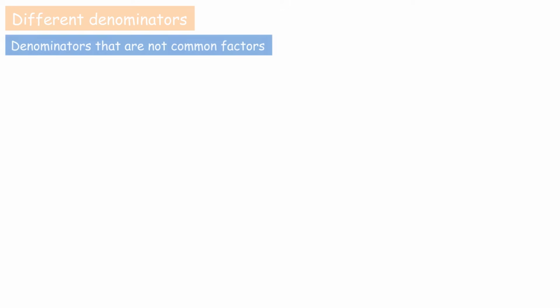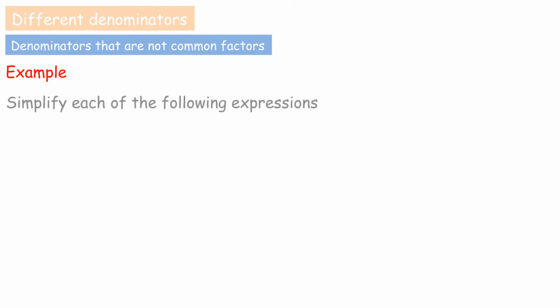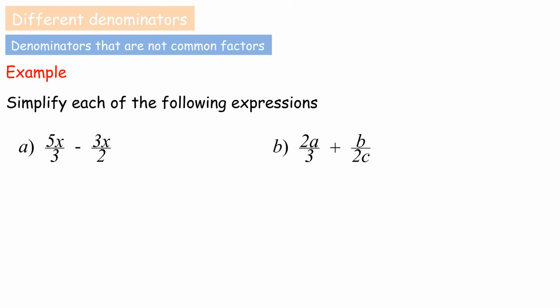Addition or subtraction of algebraic fractions with different denominators. Denominators that are not common factors. Example: simplify each of the following expressions. A. 5x over 3 minus 3x over 2. First we must make the denominators the same, which is multiply both the denominators, 3 times 2 and get 6.